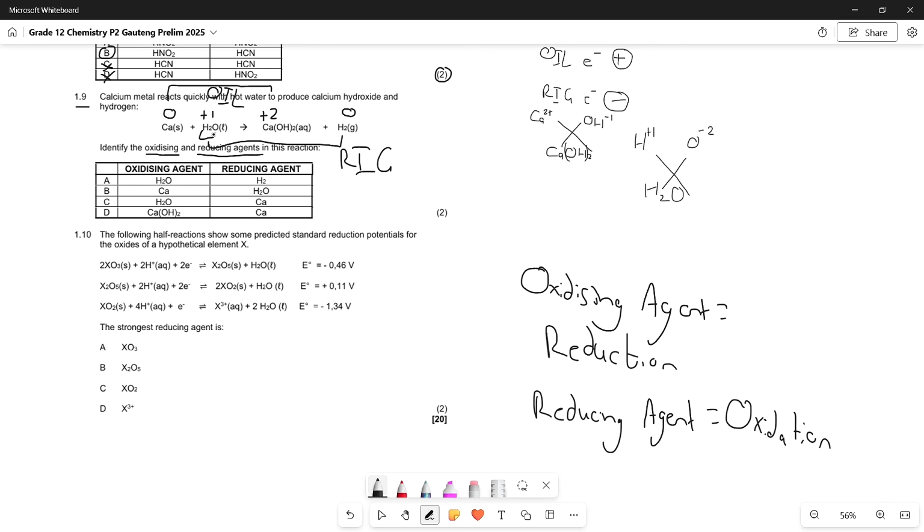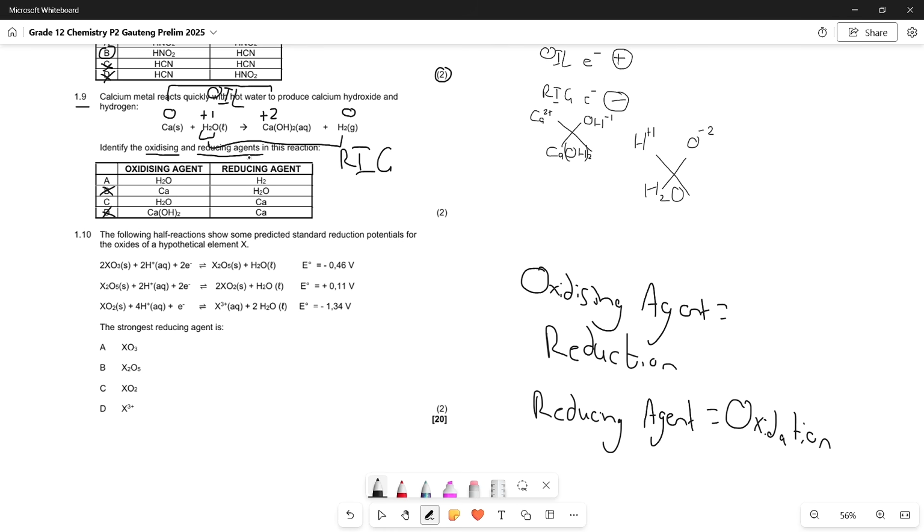Agent, the thing on the left side in our reactants, which means the oxidizing agent is the thing that undergoes reduction, and that is our water over here, because the agent is on the left side, it is not the H2. That means water as our oxidizing agent is true, which means we have an A and a C as an option, which means D and B are out.